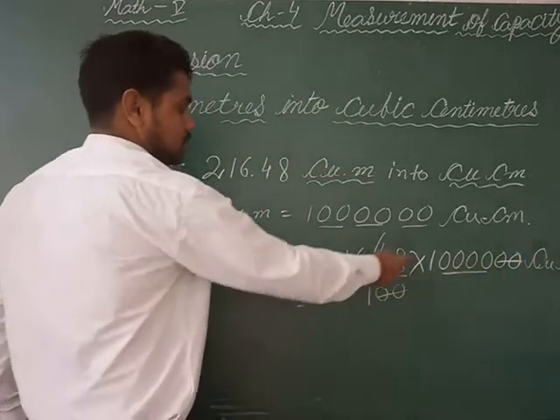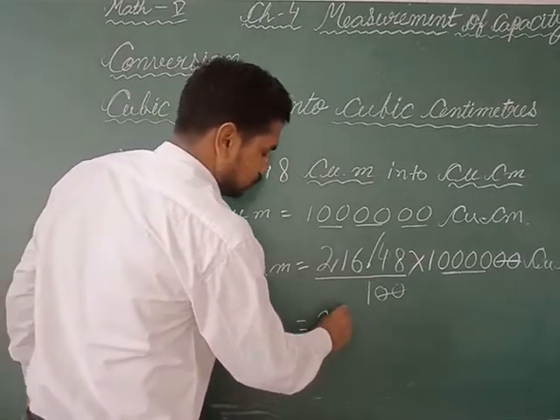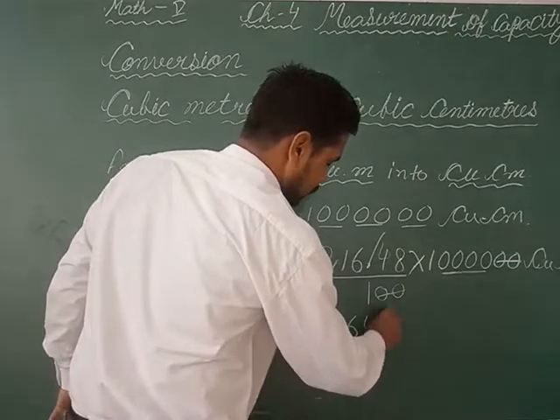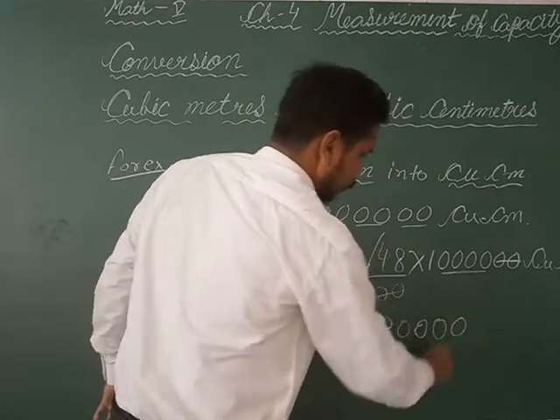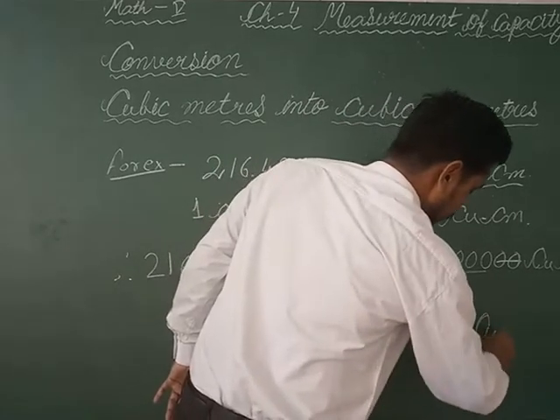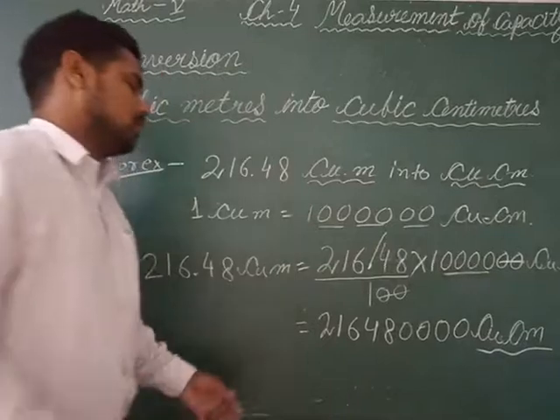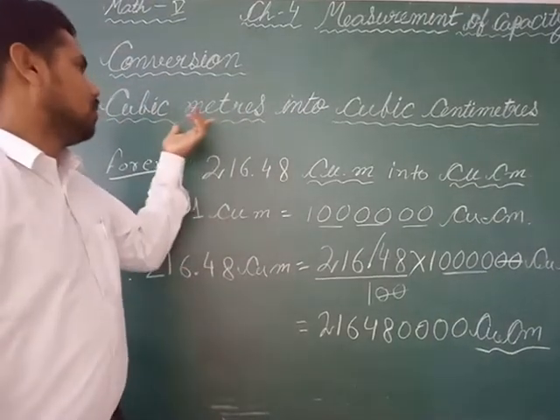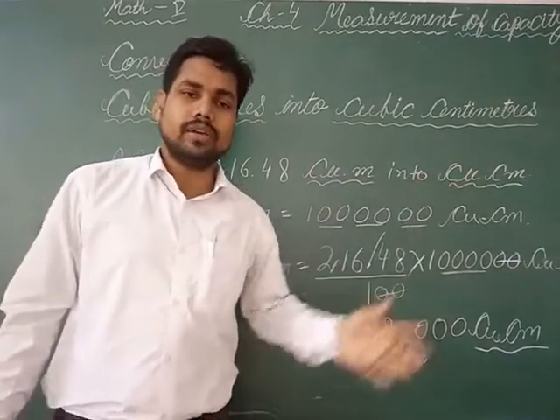So after this digit, 4 zeros will be the required answer: 2 1 6 4 8 0 0 0 0. This much of cubic centimeter will be the conversion of cubic meter into cubic centimeter.